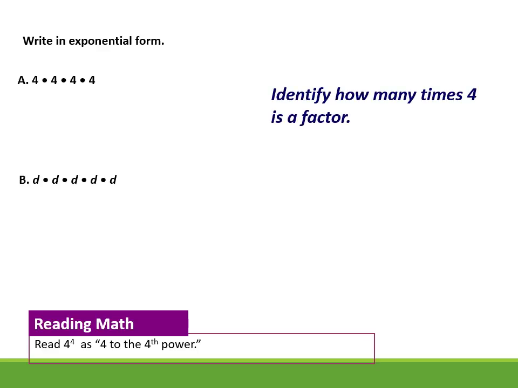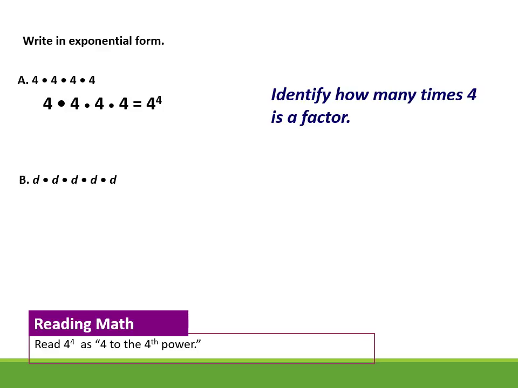We just have to identify how many times the 4 is a factor, so we look for the exponent. 4 multiplied by itself 4 times, so our base is 4 and the exponent is also 4. So that is 4 to the power of 4, or we can also read that as 4 to the fourth power.